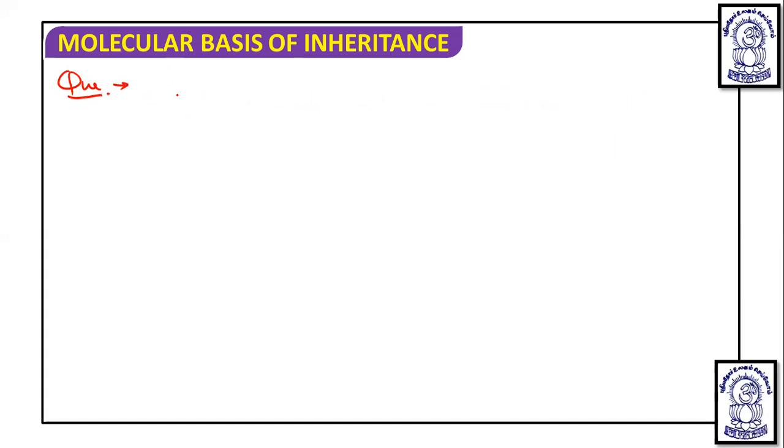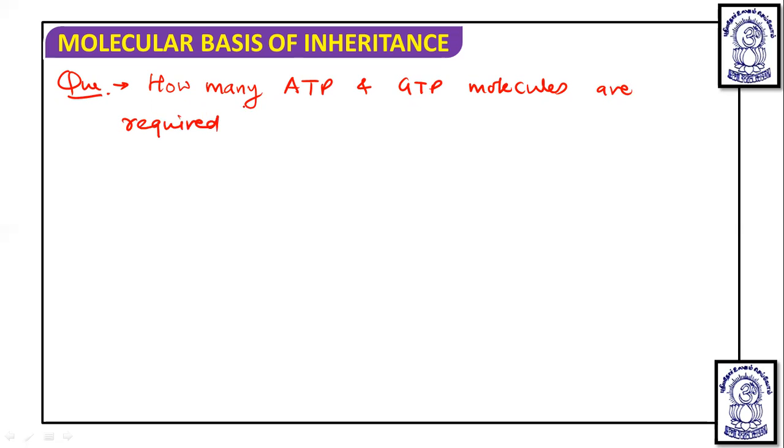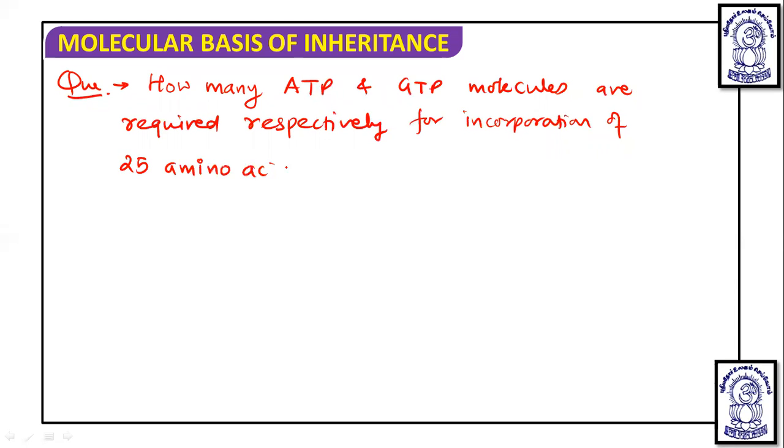The question is: how many ATP and GTP molecules are required, respectively, for incorporation of 25 amino acids in a peptide chain?